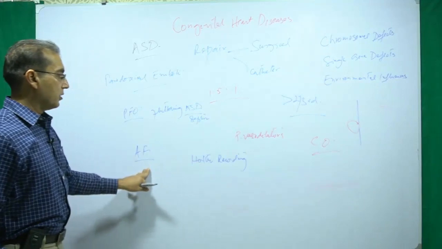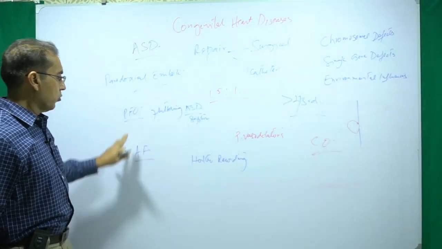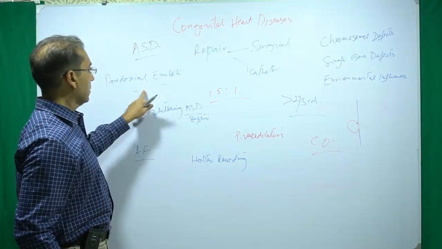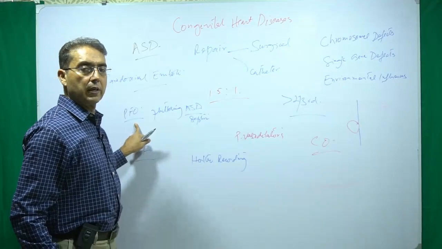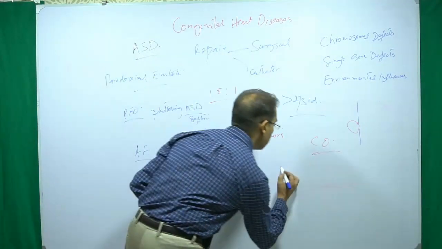If you find atrial fibrillation, then you don't need to touch this persistent foramen ovale. If atrial fibrillation is not there, then if there are paradoxical emboli, this ASD should be closed. Otherwise, the patient can be put on antiplatelets.